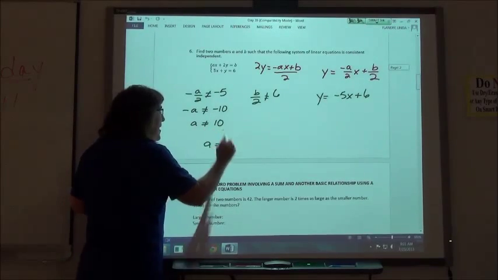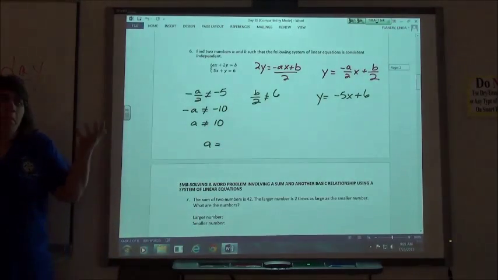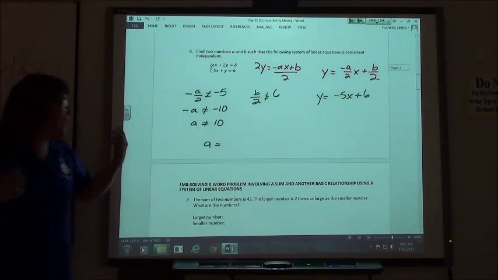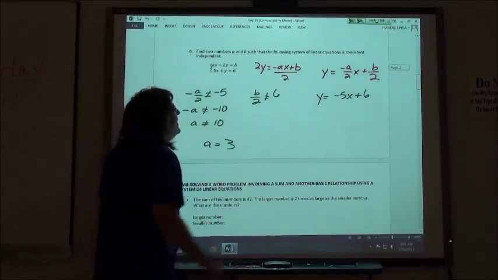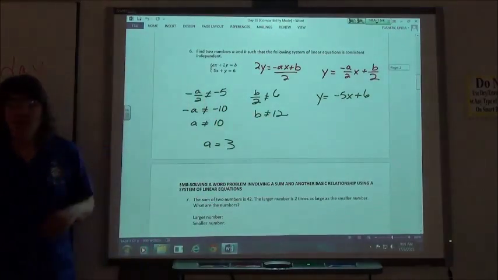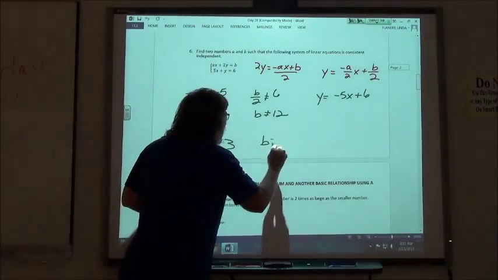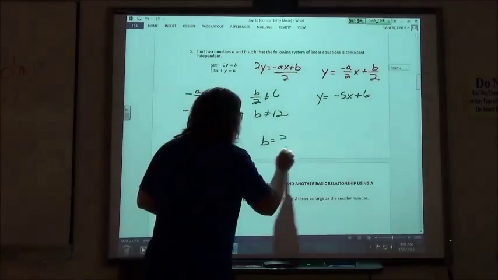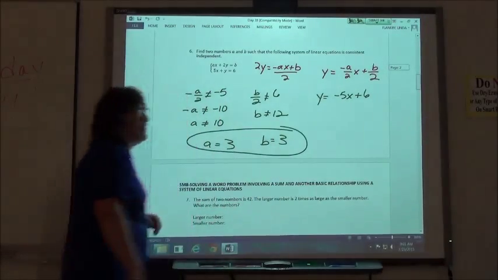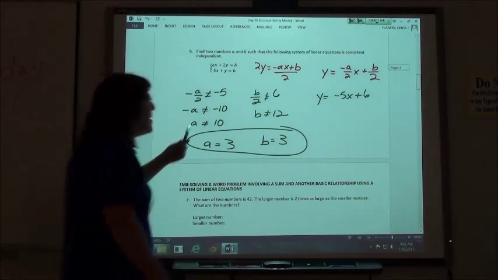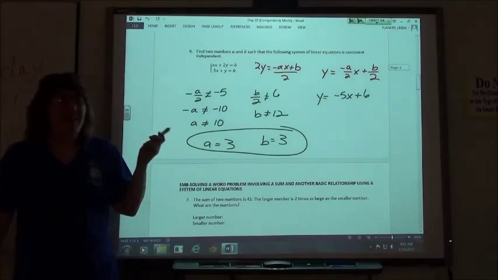What do we want a to be equal to then? 3. Anything that's not 10, right? b can't equal 12. So what do we want b to be equal to? 3. Anything that's not 12. There's my answer set. So you hope they ask you that one. And even if you did the problem wrong, there's a pretty good chance you still might get the right answer.